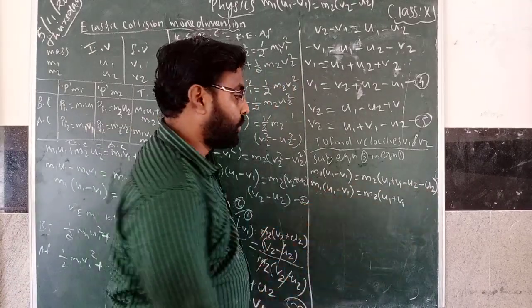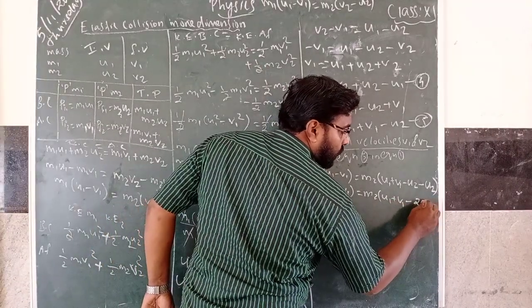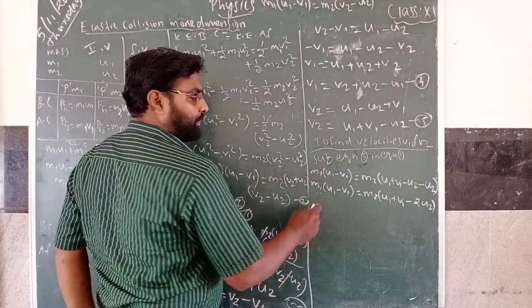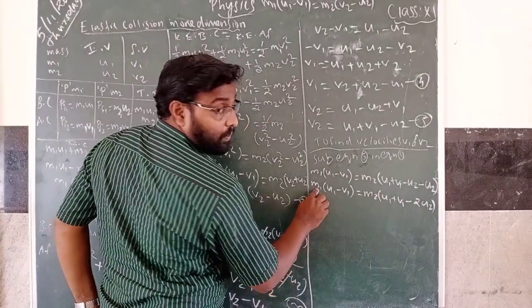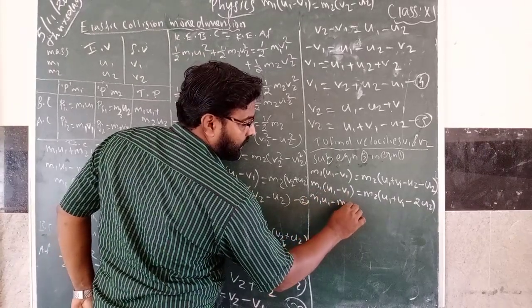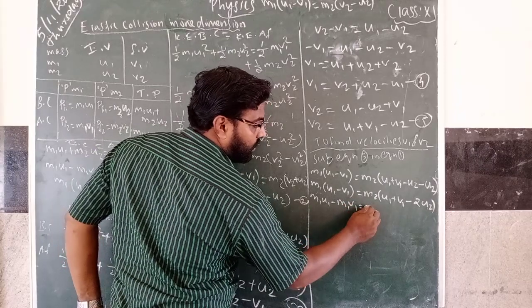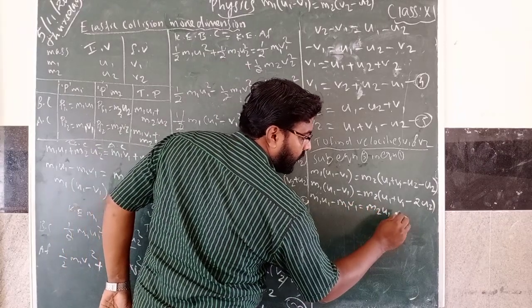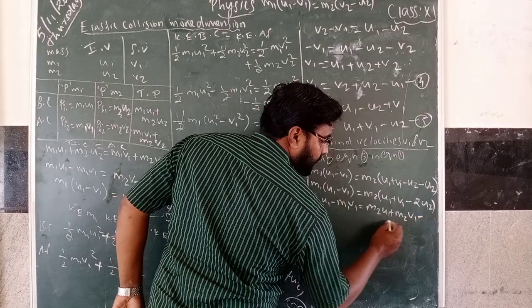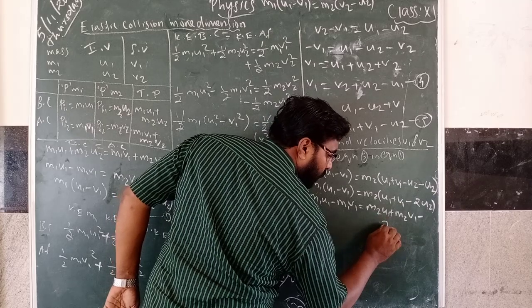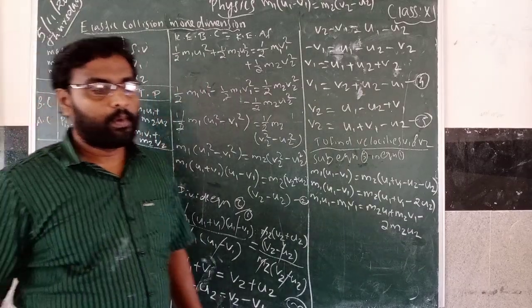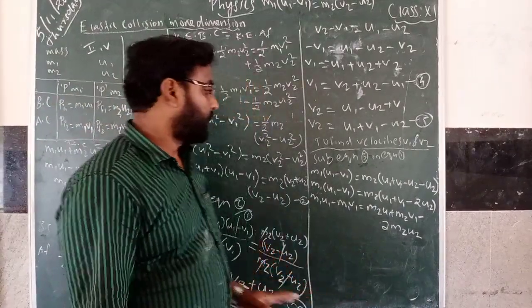Minus u2 minus u2 is minus 2u2. Now multiply m1 inside. So m1 u1 minus m1 v1 equal to m2 u1 plus m2 v1 minus 2 m2 u2.